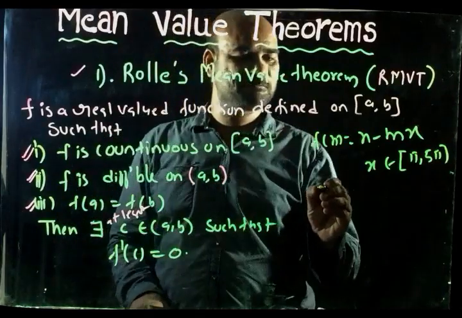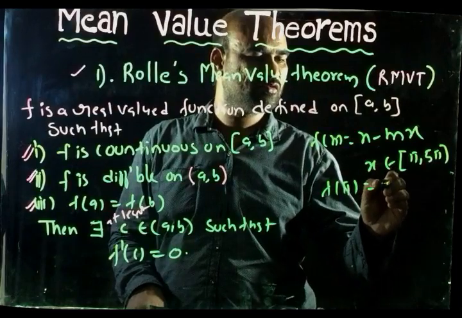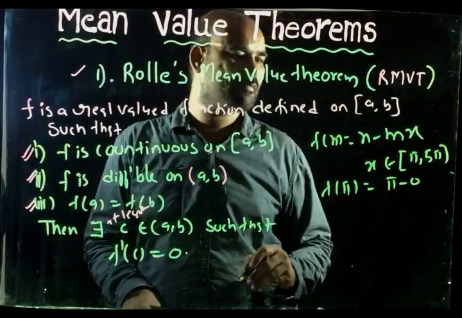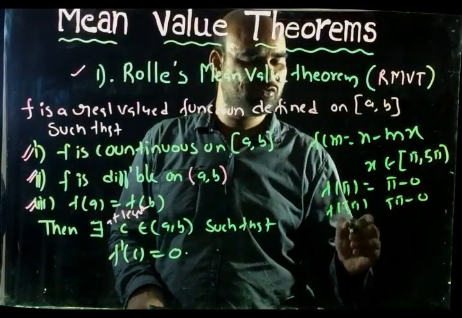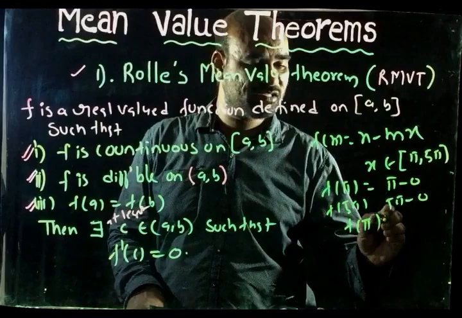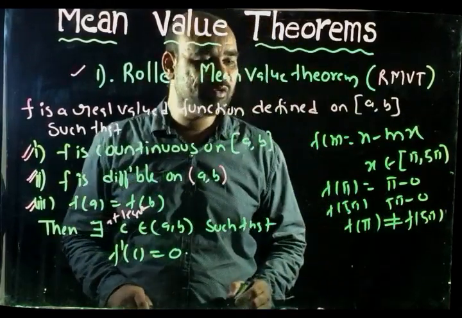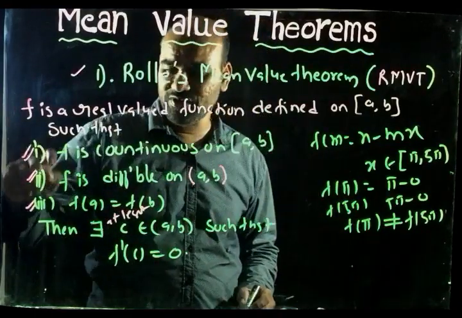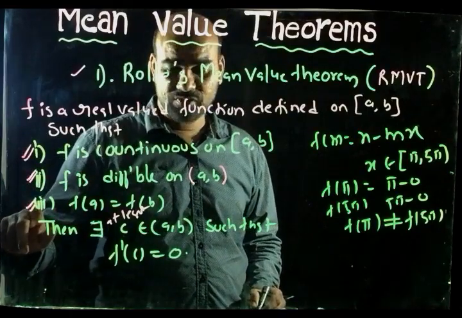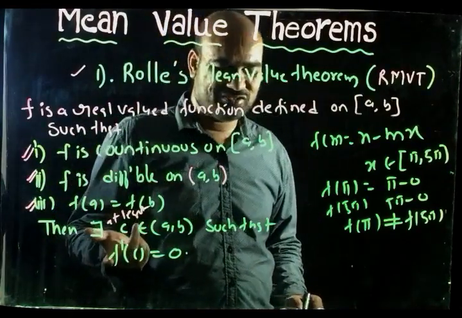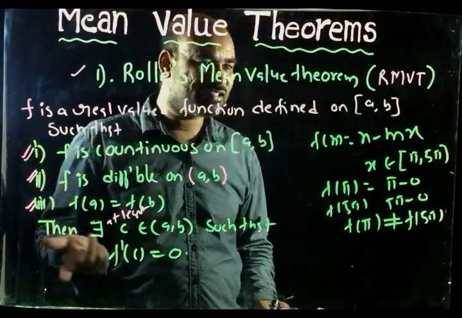Here f(pi) equal to pi minus 0, and f(5 pi) equal to 5 pi minus 0, so f(pi) is not equal to f(5 pi). Rolle's theorem is not satisfied, since this condition fails; I am not checking the other two.